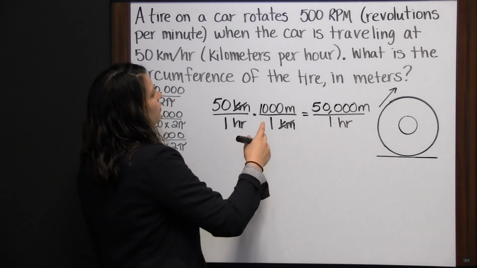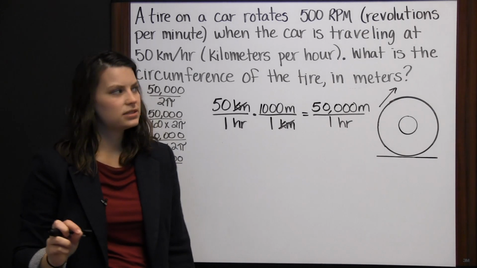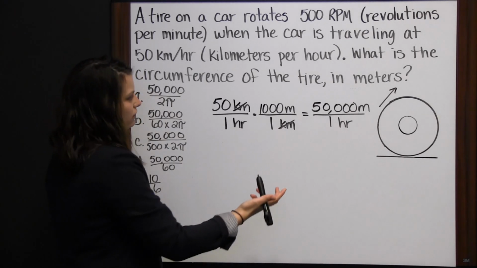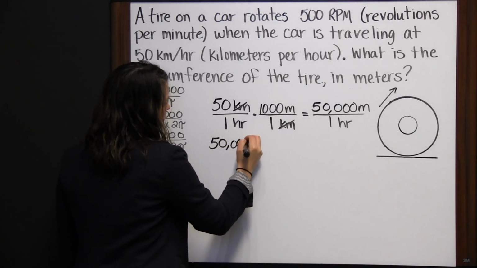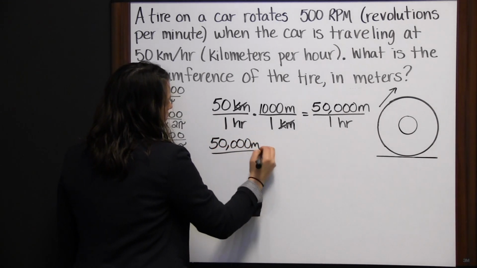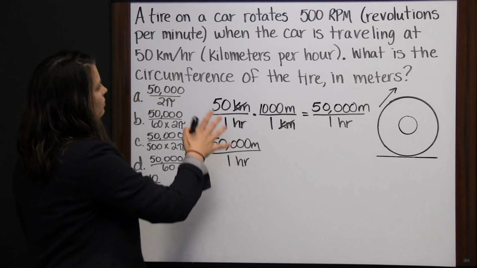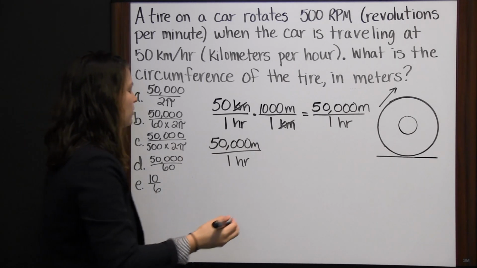And we know that it goes 500 revolutions every minute. So then I want to convert my 50,000 meters per hour into meters per minute so I can more easily compare it to my revolutions per minute.